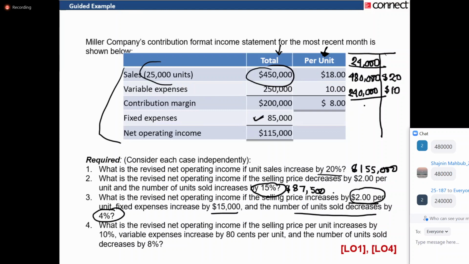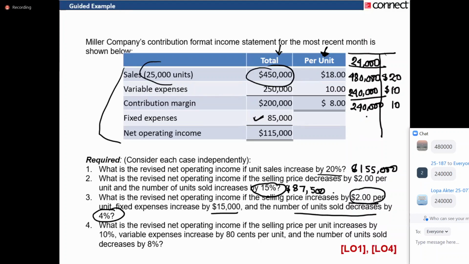So we see that our contribution margin will be the difference between these two, which is expected to be the same amount as the variable expense, as it is 50% here, the variable expense ratio in this case. 10 over 20 is 50%. Okay, so it is also to be 240,000.